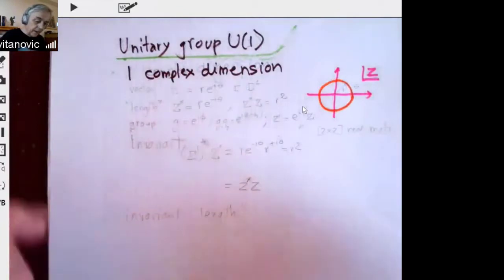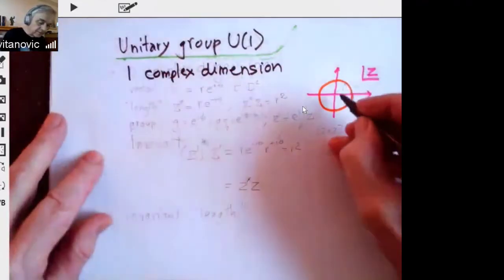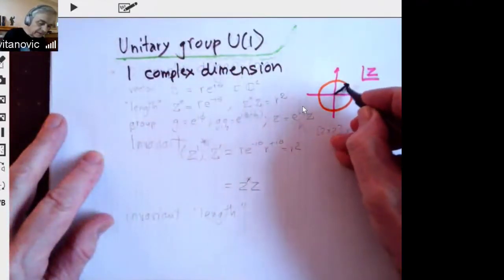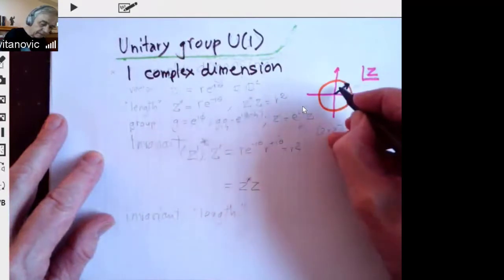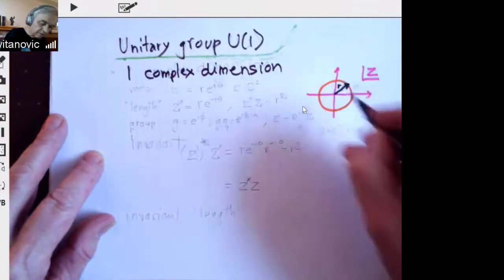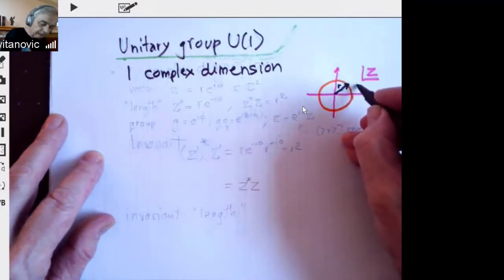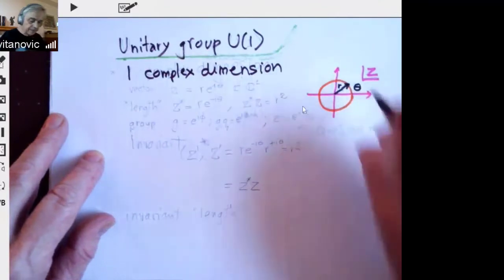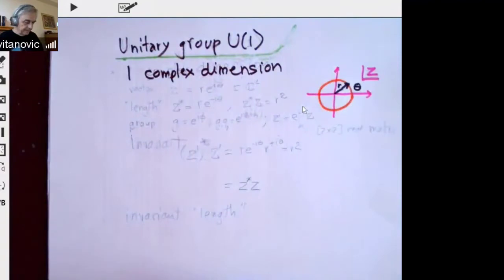And that one complex number is really two real numbers, and a convenient way is to say a point in a complex plane has a distance, we'll call it radius, and an angle with respect to the real axis.